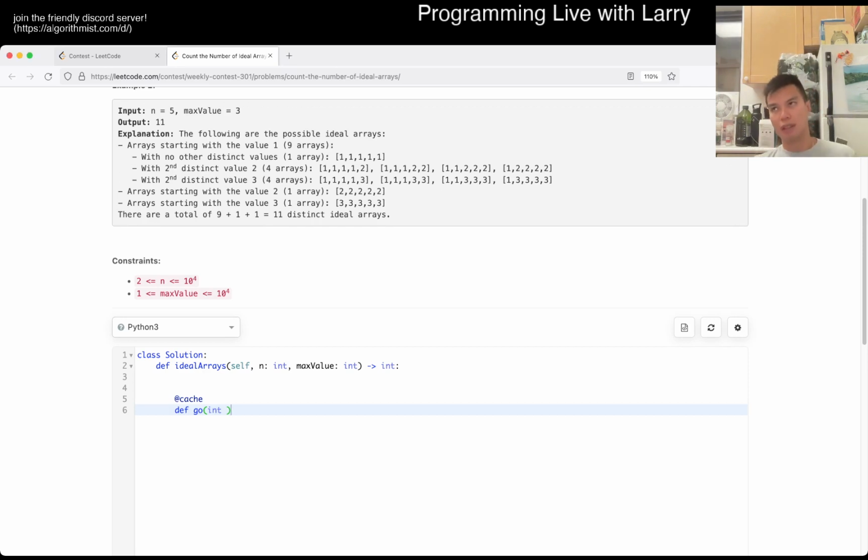I have to think about it again. Okay, I think I have an idea now. Basically, for each number, we just sum it up for the last element.